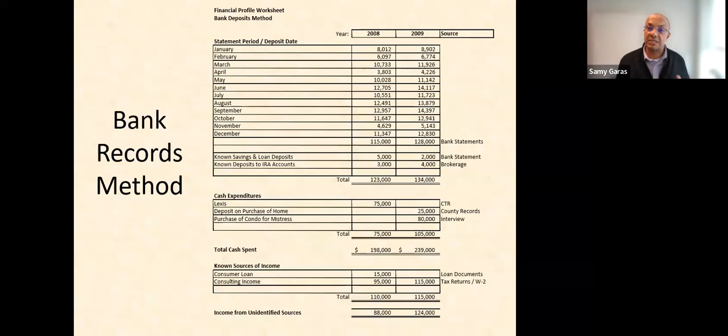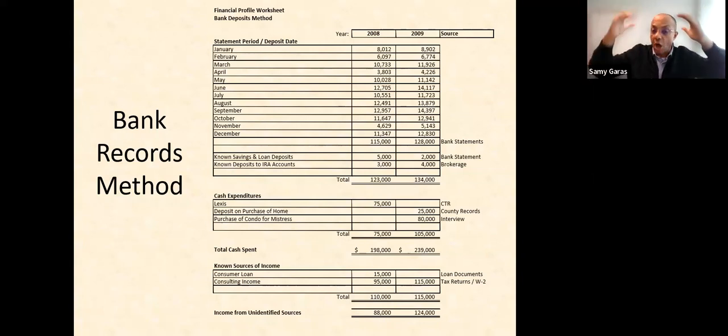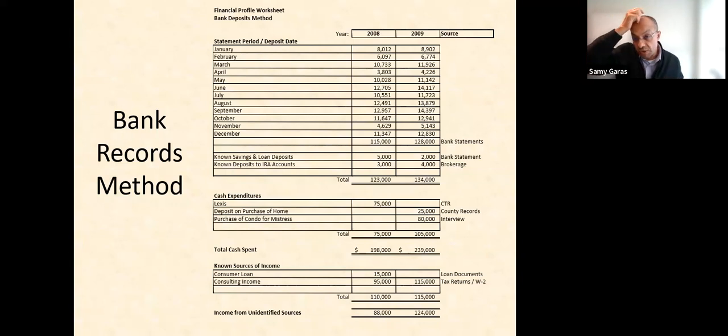And this is what you can see here. So this bank method, or bank record method, we get for the whole year. As you can see here, for the 12 months, we get all the deposits that came to this account, plus any savings or deposits to the IRA accounts.